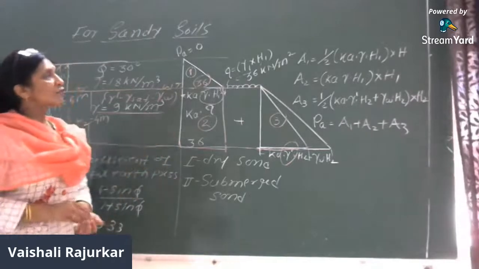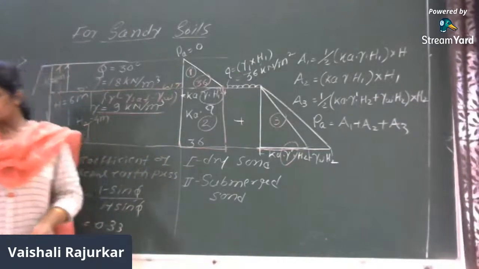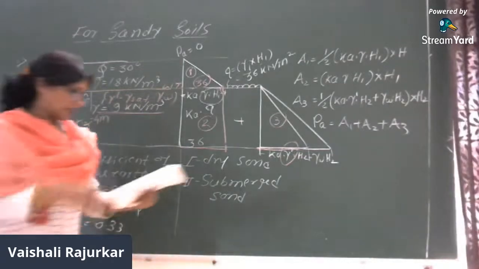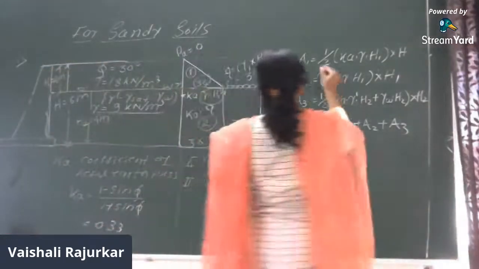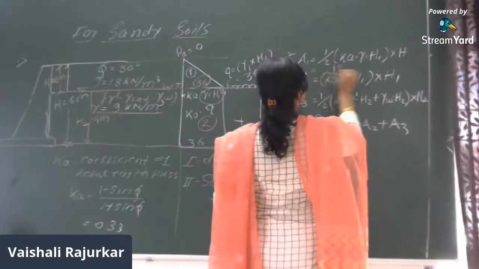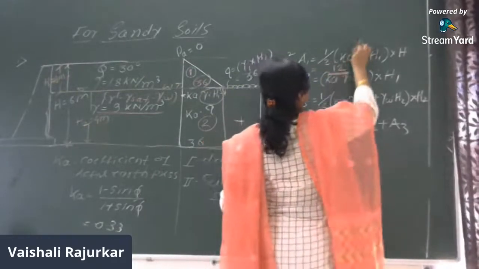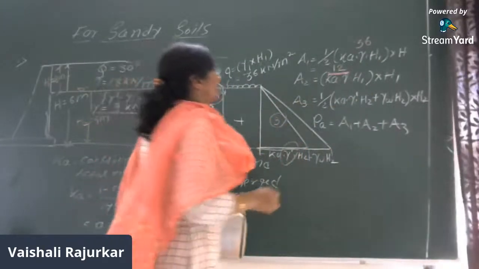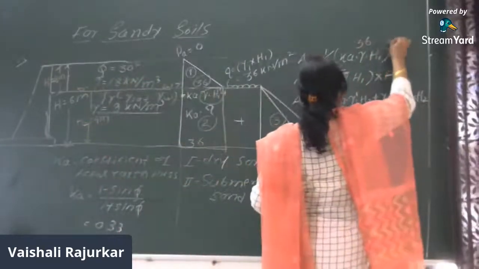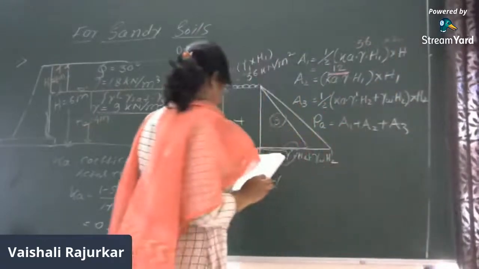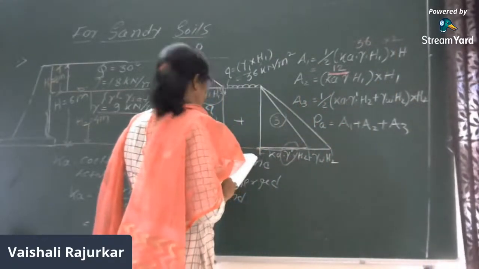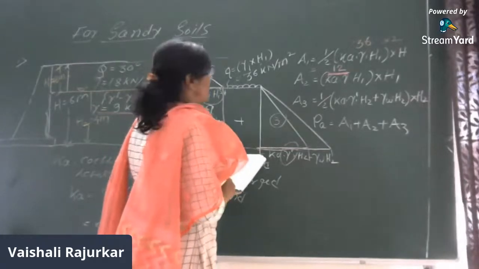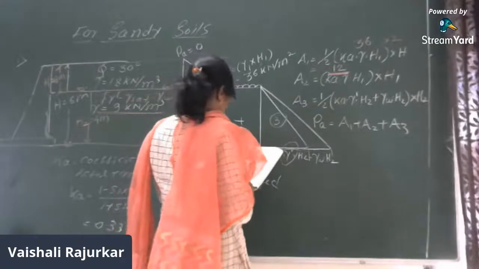Now in this case, what is A1? A1 is found to be 12. As this is 36, and here it will be 2, it is found to be 12.